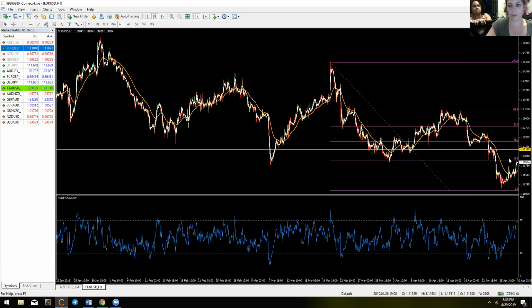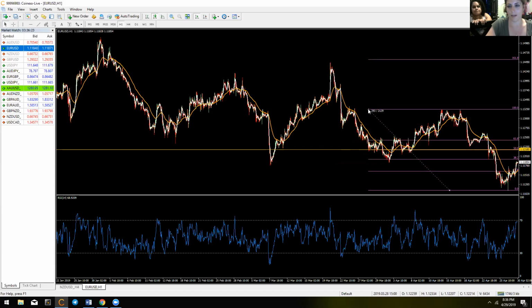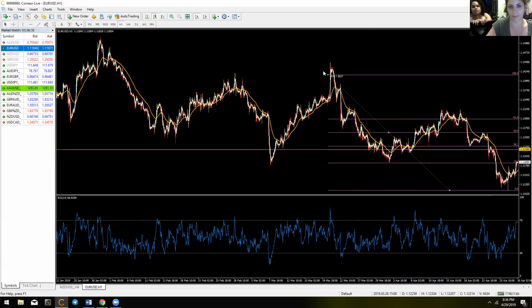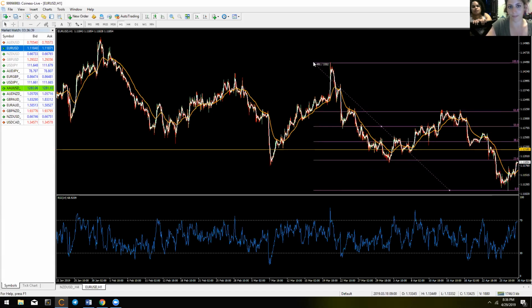Look at the difference between this 23 and 28 and 38. See how much smaller it got? If I was on this trade, this would already almost hit my take profit. Got it.